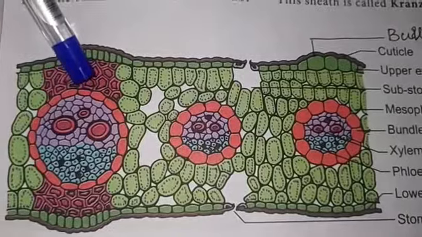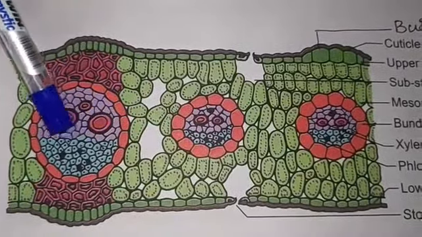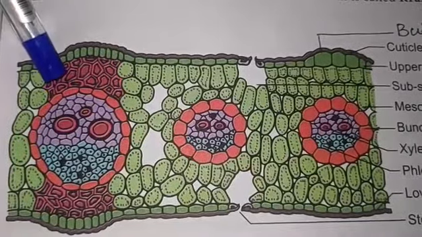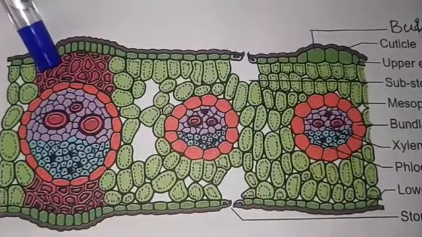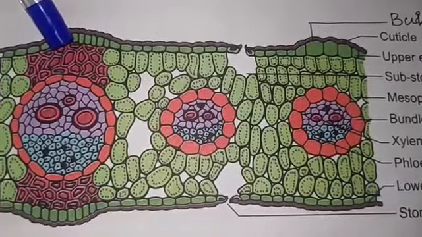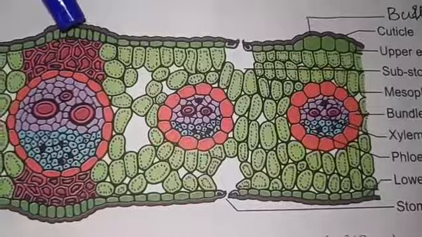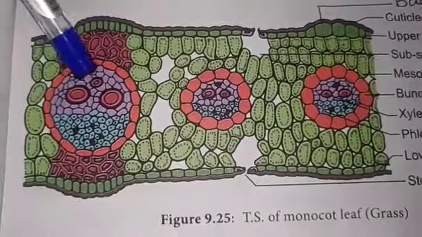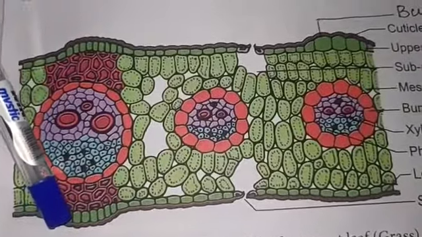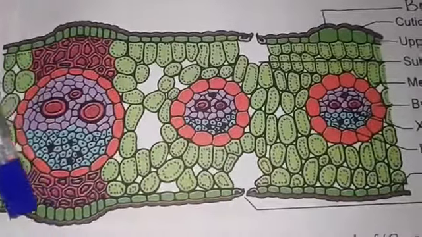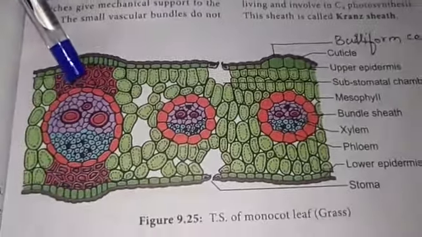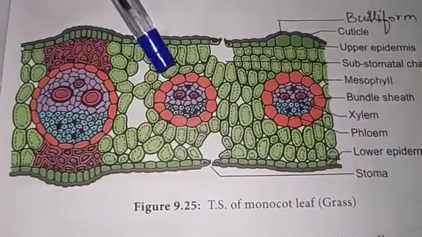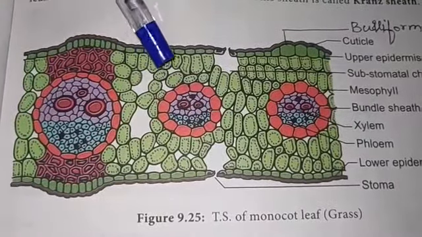The cells of the bundle sheath generally contain starch grains as a storage product. The xylem of the vascular bundle is located towards the upper epidermis, whereas the phloem is located towards the lower epidermis. In C4 grasses, the bundle sheath cells are living and involved in C4 photosynthesis.